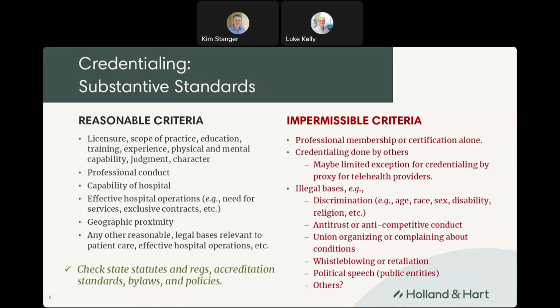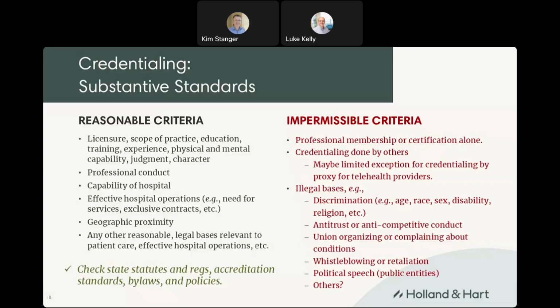What are some of the reasonable criteria? Well, it could certainly be licensure, scope of practice, education, training, experience, physical and mental capability, professional judgment, professional character, including, you don't want an SOB on the staff. Could be professional conduct, capability of the hospital. You can consider what your facility is able to do and whether or not you can accommodate those particular privilege requests. Effective hospital operations.